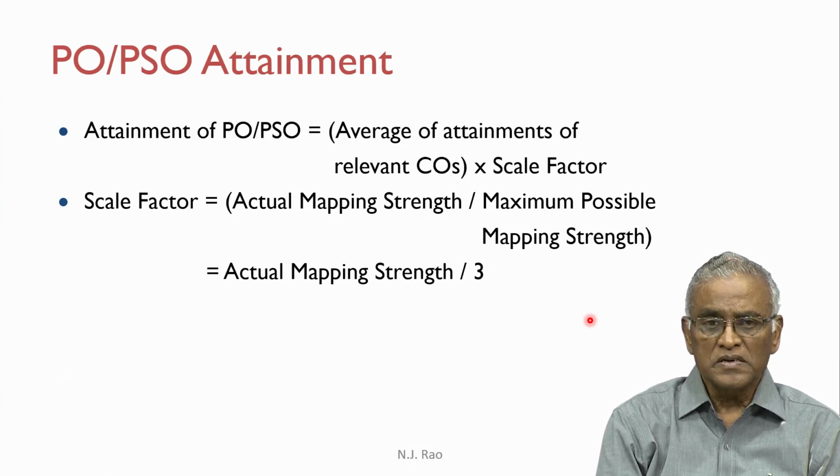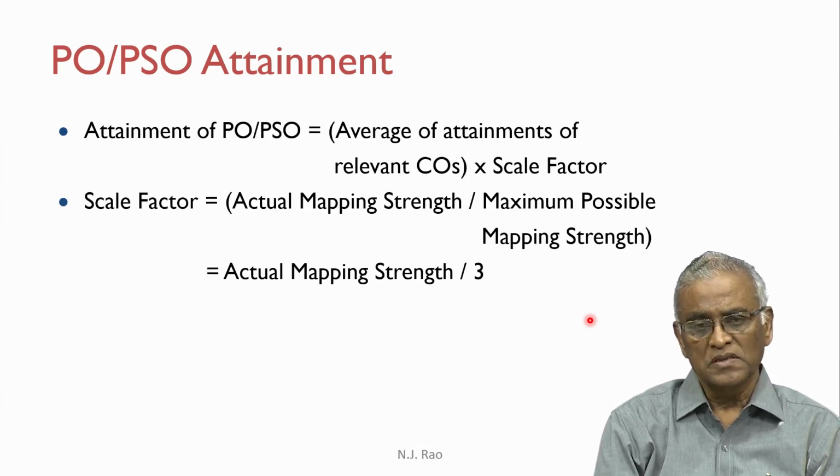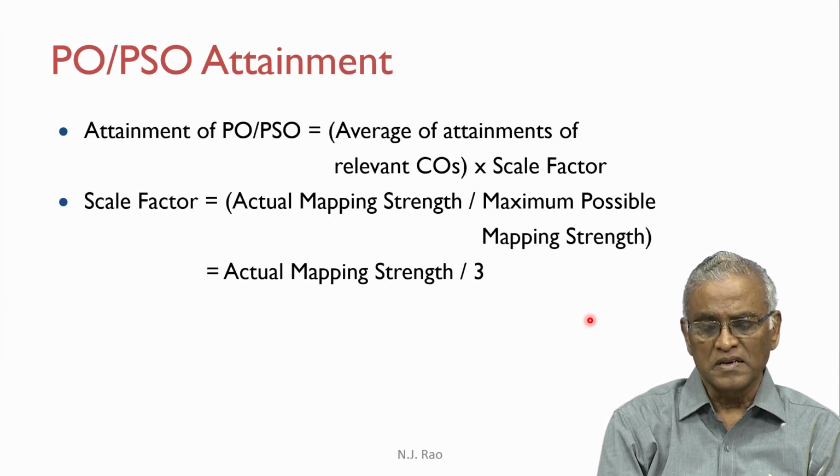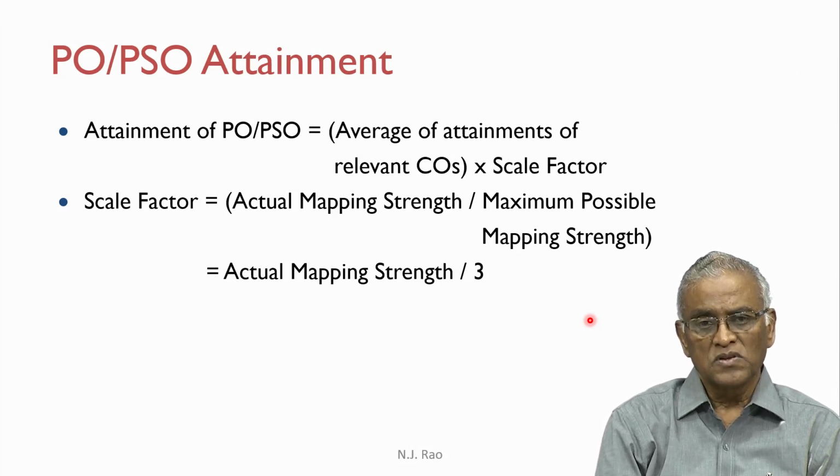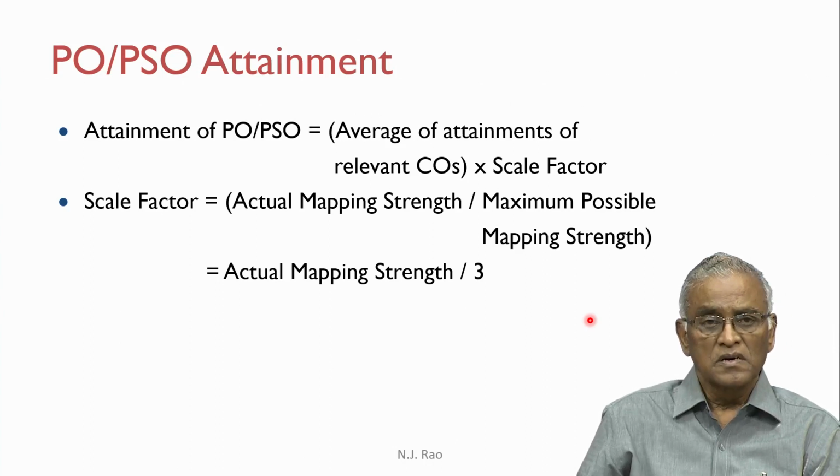What is the scale factor? It is the actual mapping strength of that particular PO divided by the maximum possible mapping strength, which is always 3 in our case.